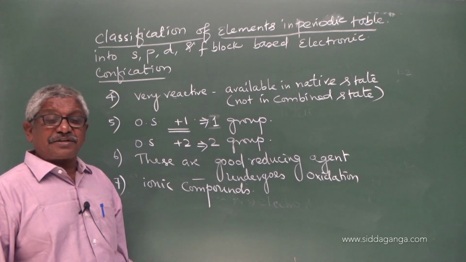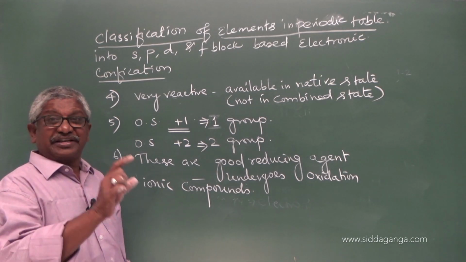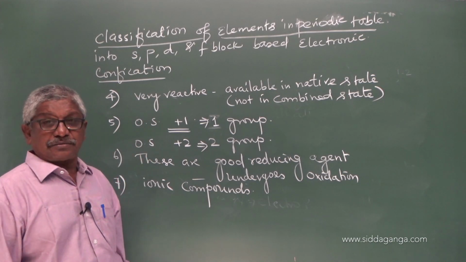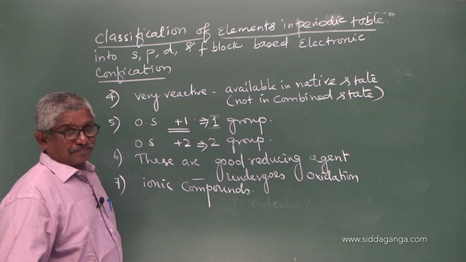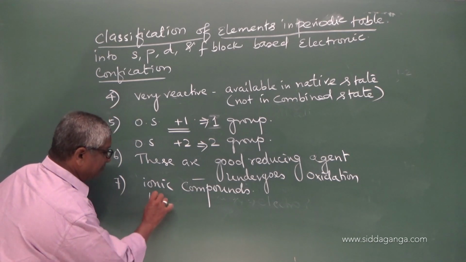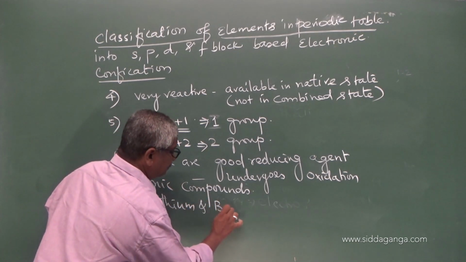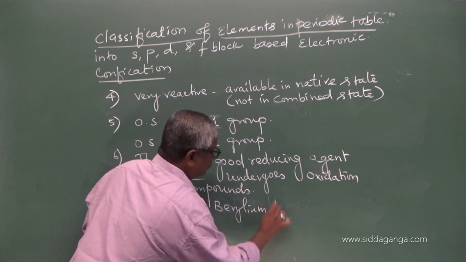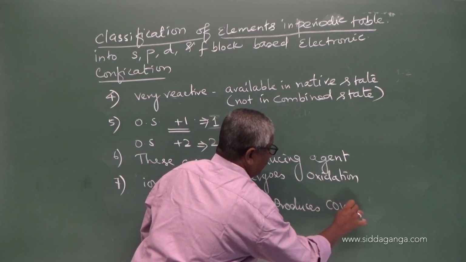When atoms become positive and negative charged, due to the electrostatic force of attraction, they produce ionic compounds. And there are 2 elements of the S block, lithium and beryllium, that produce covalent bonds.